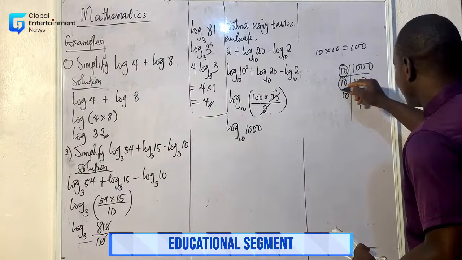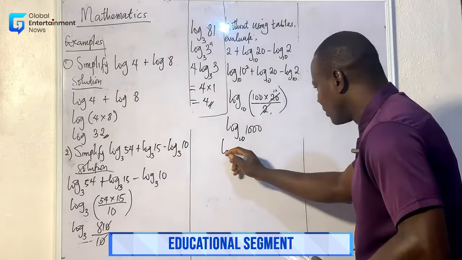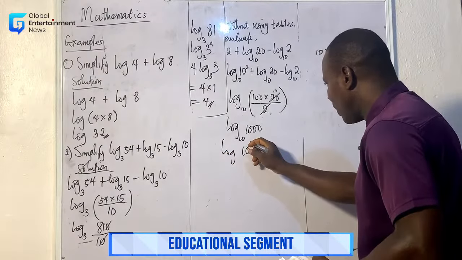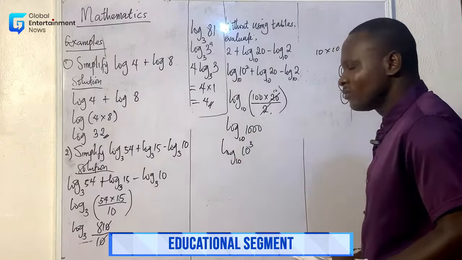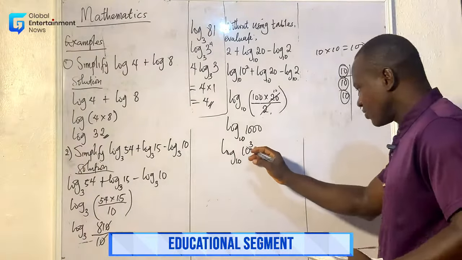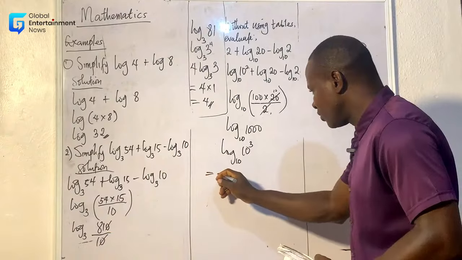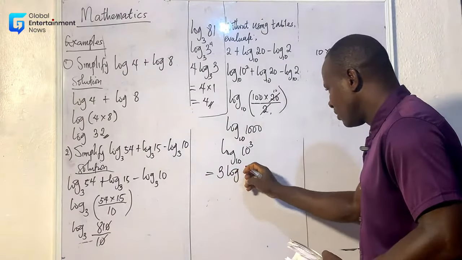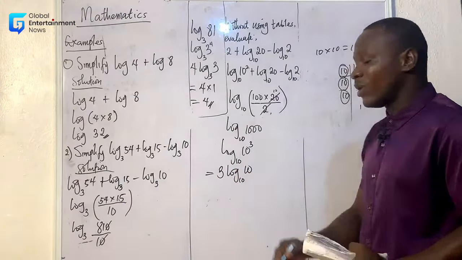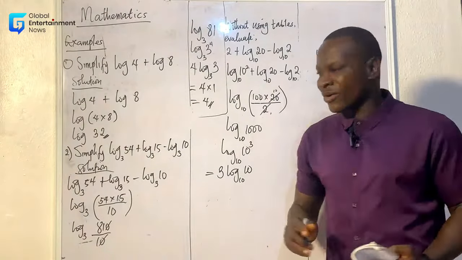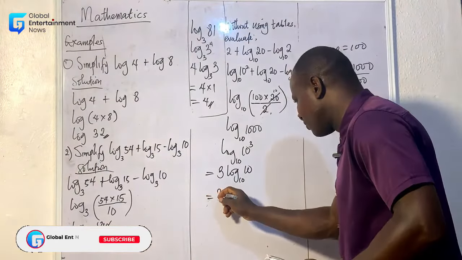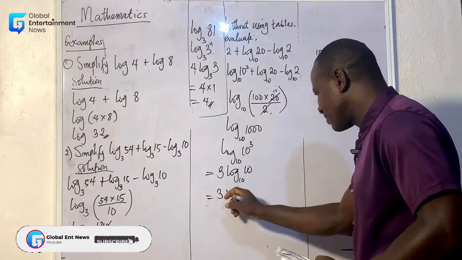That is 1, 2, 3. Giving us log 10 raised to power 3 base 10. So what do we get here now? The 3 as a power, we come to the front, giving us 3 log 10 base 10. And what is log 10 base 10? 1, correct. So what do we get now? That is 3 times, this one we turn to 1.